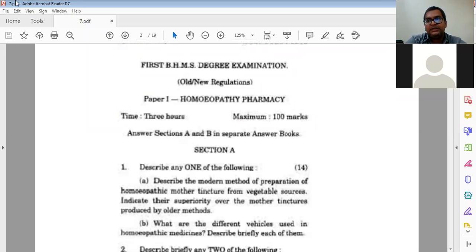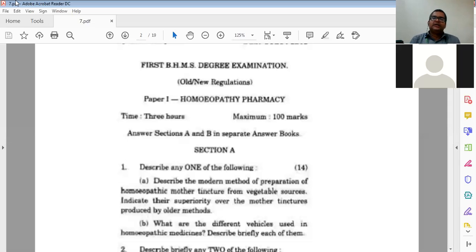In the modern method you just have to clarify whether you will do it by percolation or by maceration, according to the tissue structure of that particular material. Then indicate the superiority over the mother tincture produced by the older method.